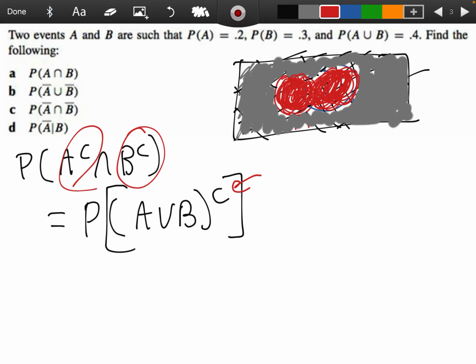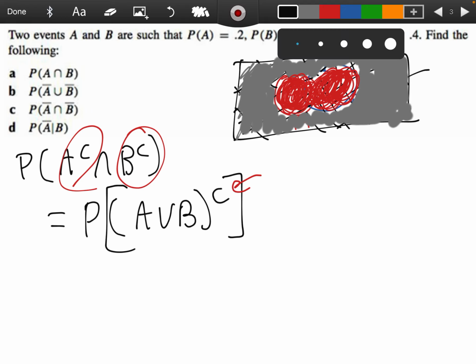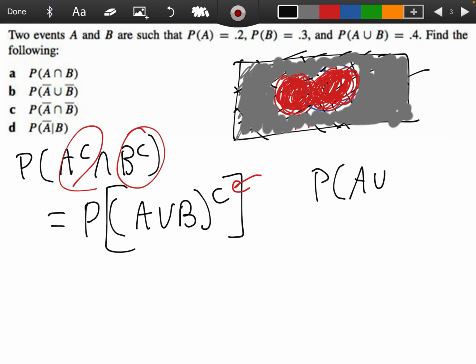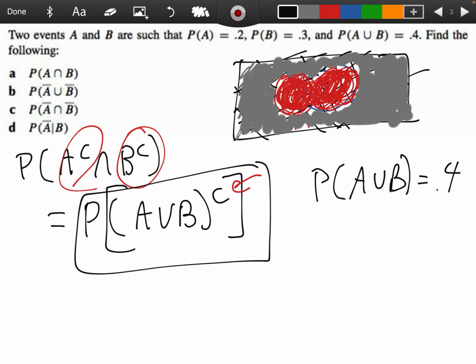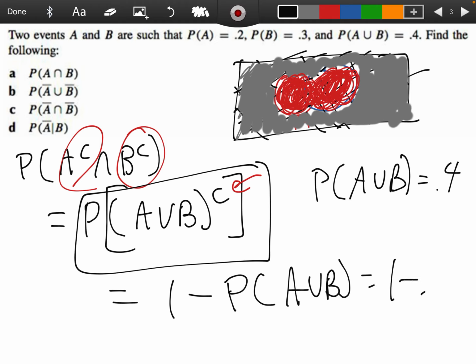Once we see that, we've really got our answer, because we had the probability of A union B is 0.4, and so the probability of the complement of A union B is 1 minus the probability of A union B, and that's 1 minus 0.4, or 0.6.